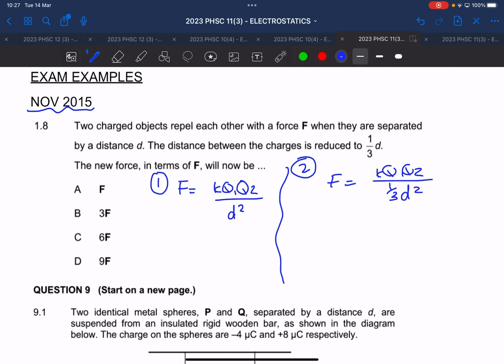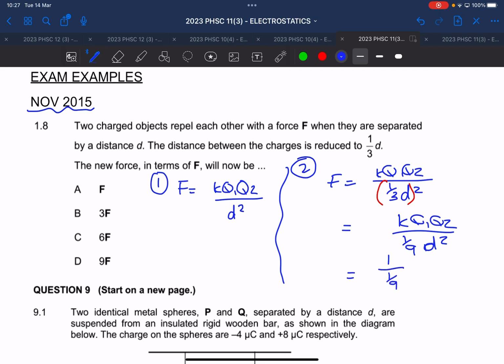Is that correct, the way I've written it? Yes, the whole distance must be squared. So that is the trick here. What is a third squared? A ninth, right? So what we basically have is this over a ninth d squared. So we have 1 over a ninth.